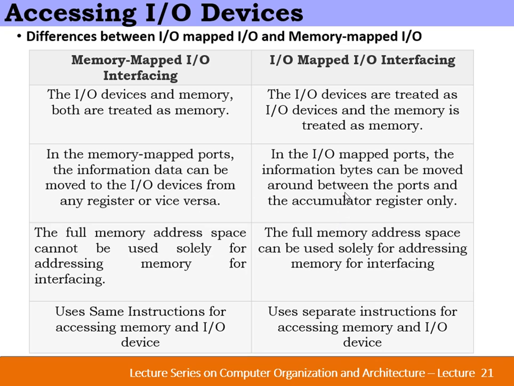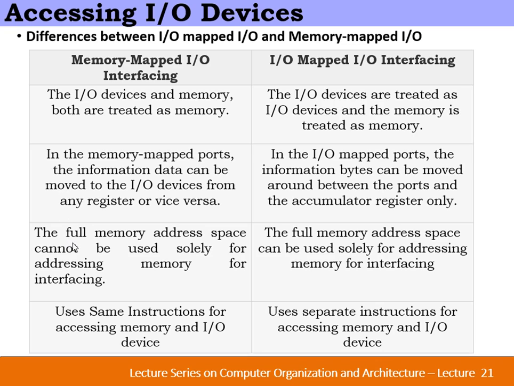But in case of IO mapped IO, it has to happen only with the accumulator register. So the default register used is the accumulator whenever we are using IO mapped IO. The data is transferred to the accumulator and to a register of an IO device, whereas in memory mapped IO, it can make use of any register.